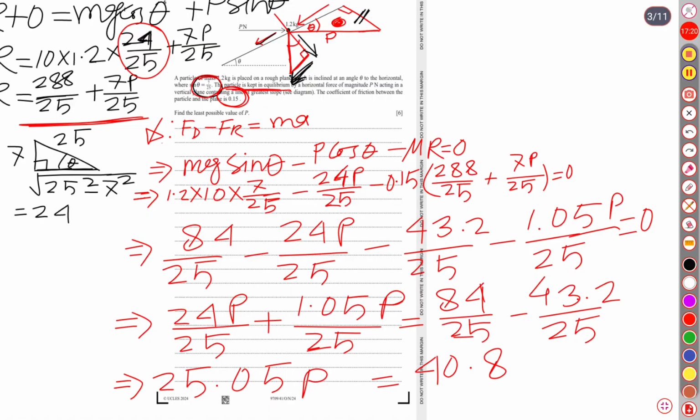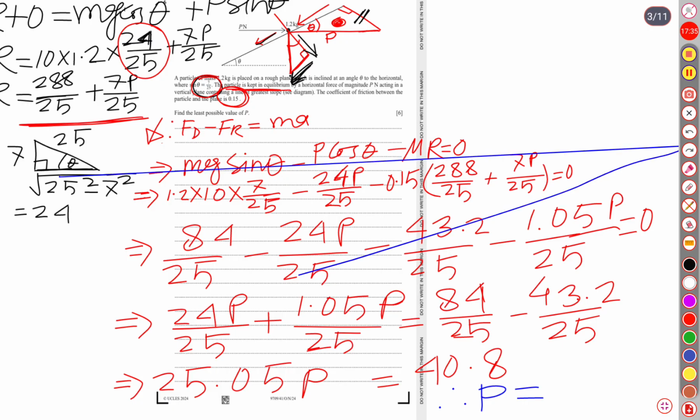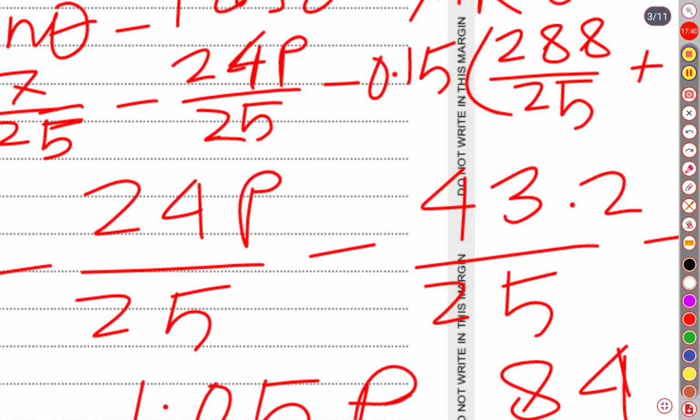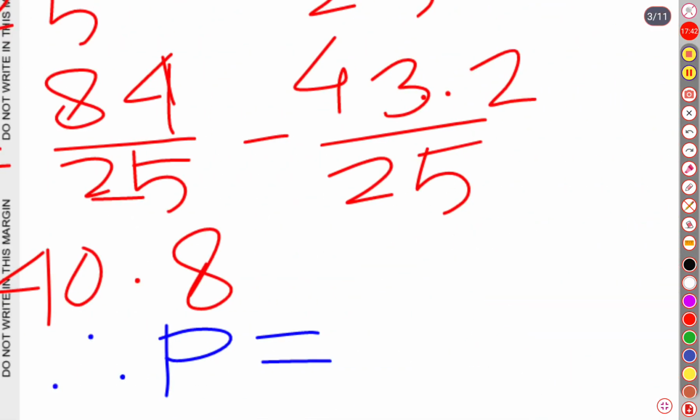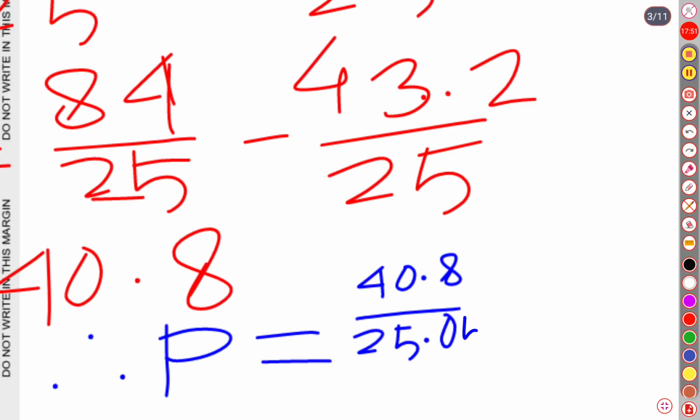Hence our p is going to be p equal to, if we divide, 40.8 over 25.05.